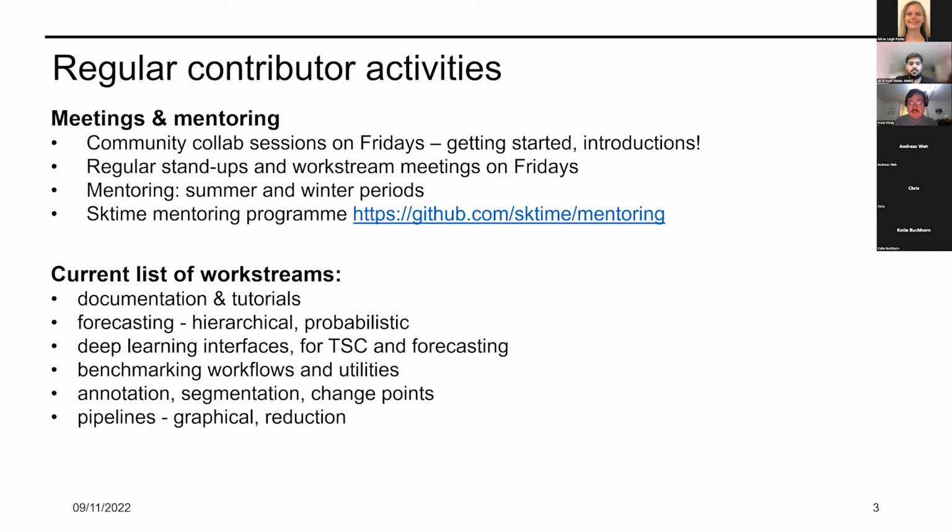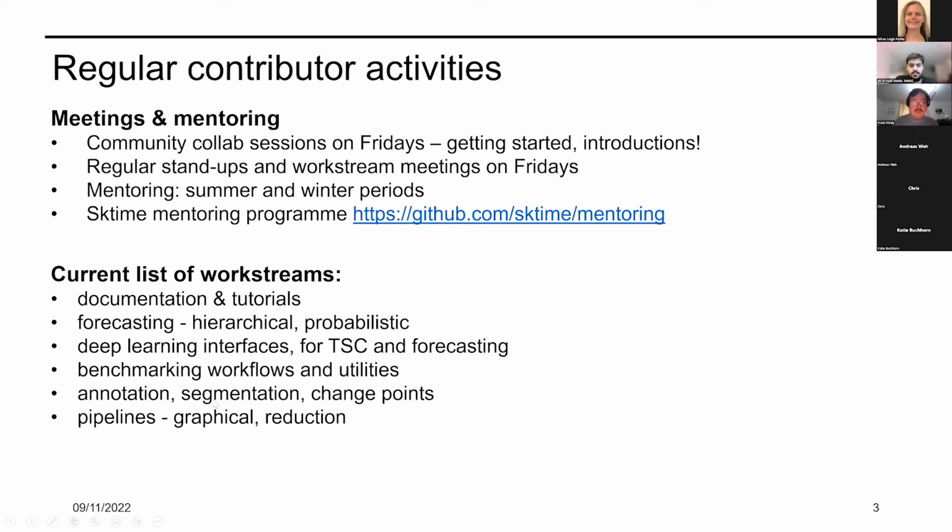Usually we expect something between half a day or multiple days per week. Again, it's at your own pace, so if you have, say, a few hours per week to spare, you might still be eligible for mentoring. The requirement is you've already made one pull request. But for that, you can get help using the community collaboration channel or in a developer sprint.